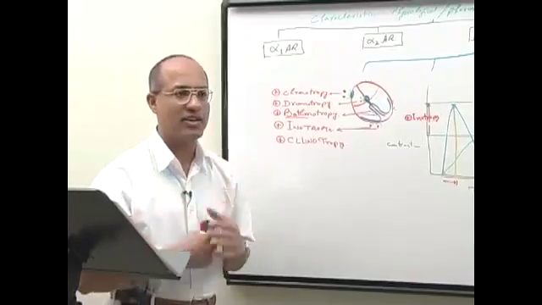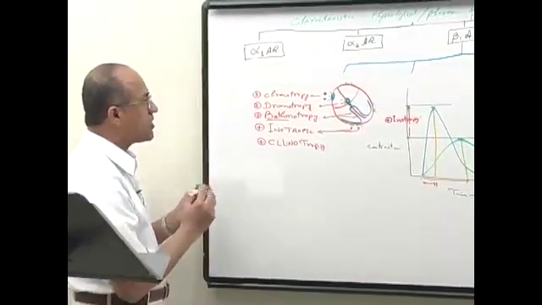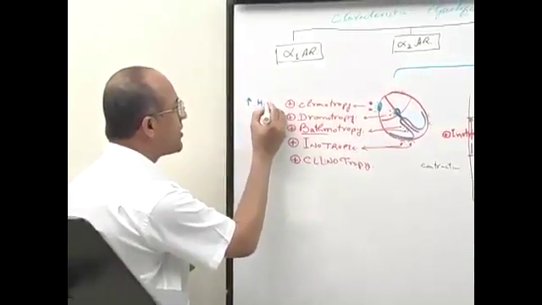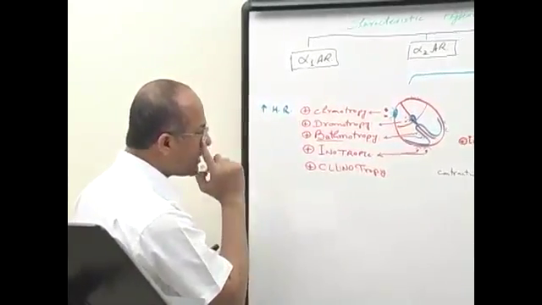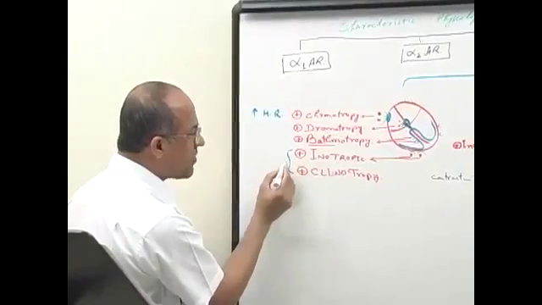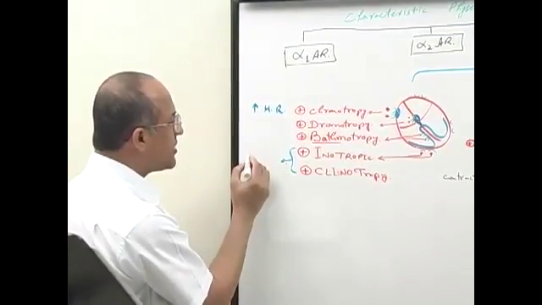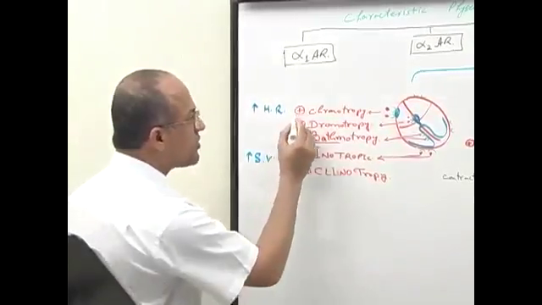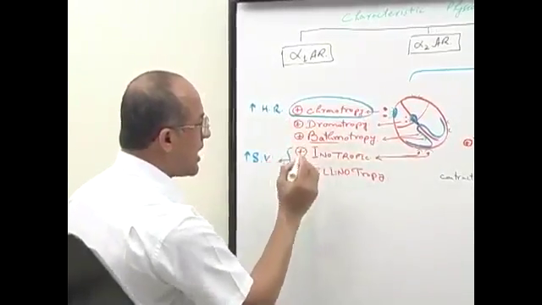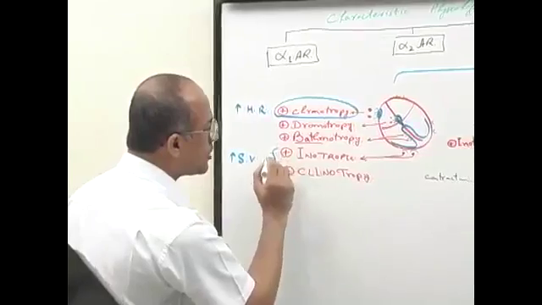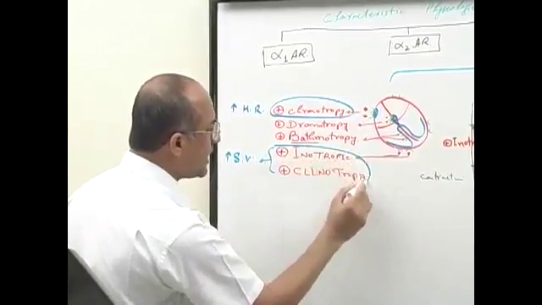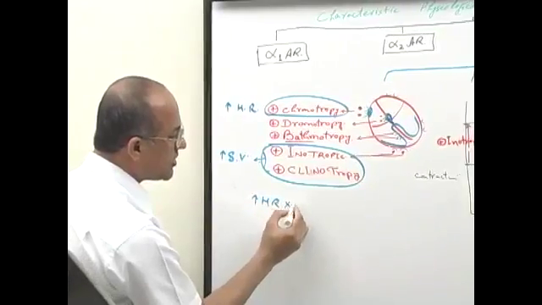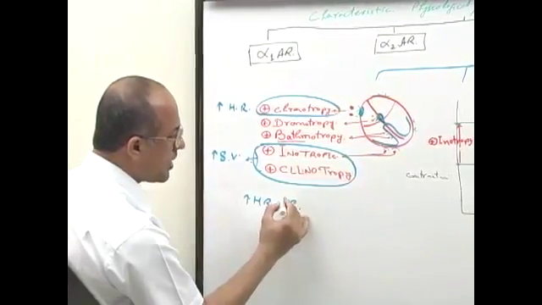This has clinical significance, because when there is positive chronotropy, there is increased heart rate. Is that right? And when there is positive inotropy and clinotropy, there is increased stroke volume. So due to positive chronotropy and positive inotropy and clinotropy, there is increased heart rate plus increased stroke volume.